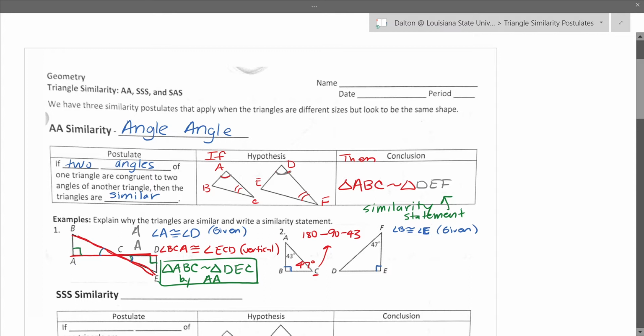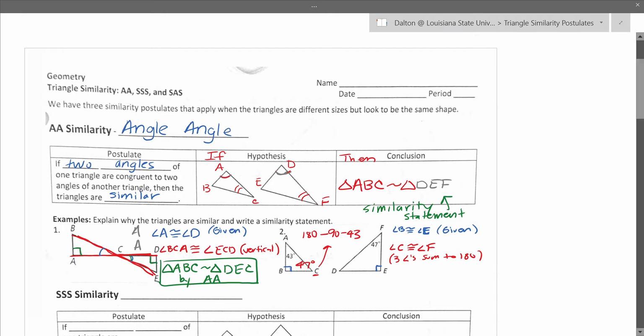So now we can go ahead and claim, okay, angle C is congruent to angle F. Those are both 47. And that's just by the fact that the 3 angles of a triangle sum to 180 degrees that we were able to find that. So again, you've shown that an angle is congruent to another angle.